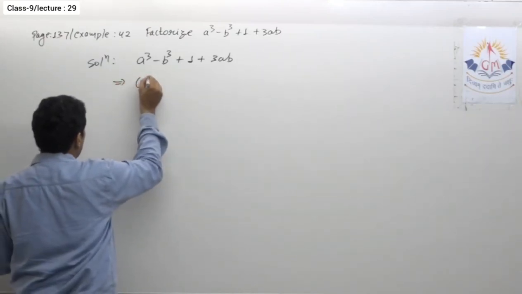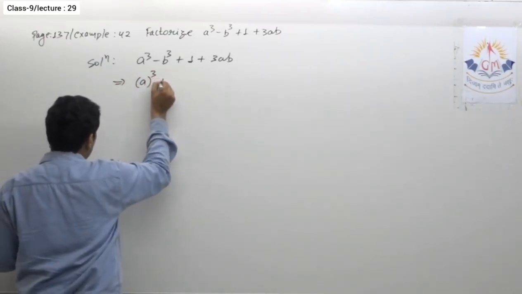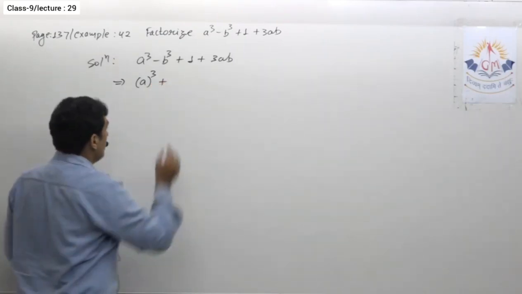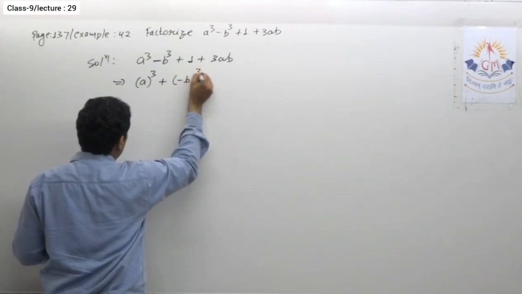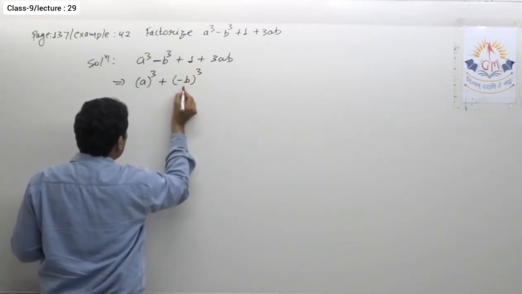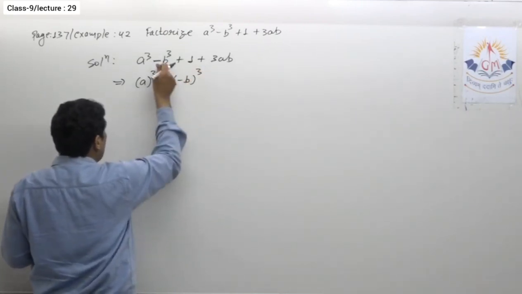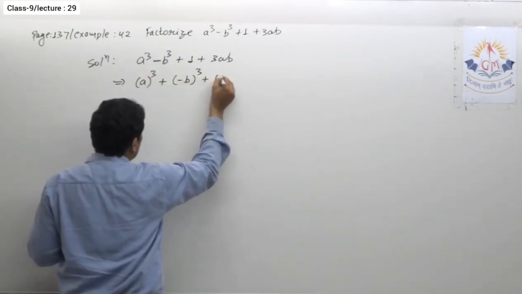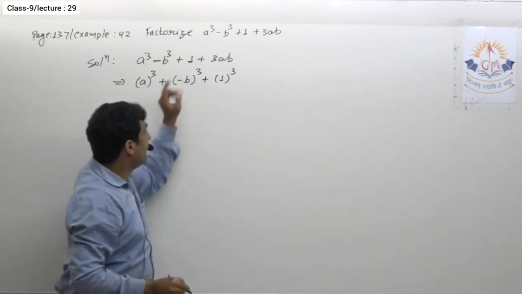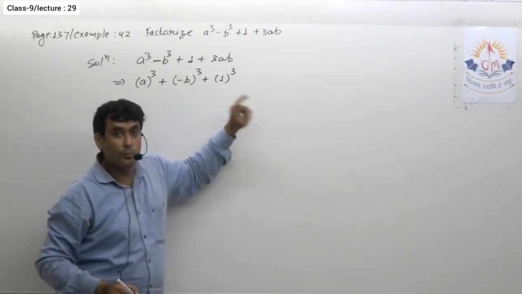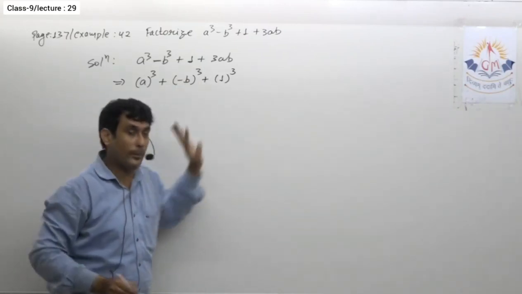So here I can write a cube. Now in between there should be a plus sign, and to maintain the minus b, I have to write it this way, because even though I make it minus b cube and multiply with a plus sign, I get the same thing. Plus 1 can be written as 1 cube. So here I wrote a cube plus b cube plus c cube. Now the remaining term I write on my own.